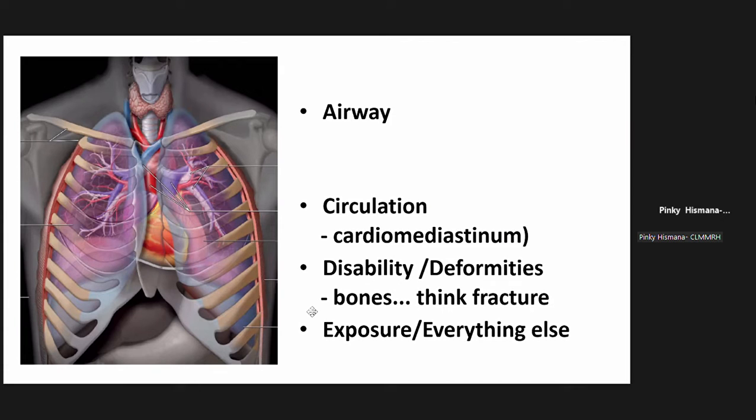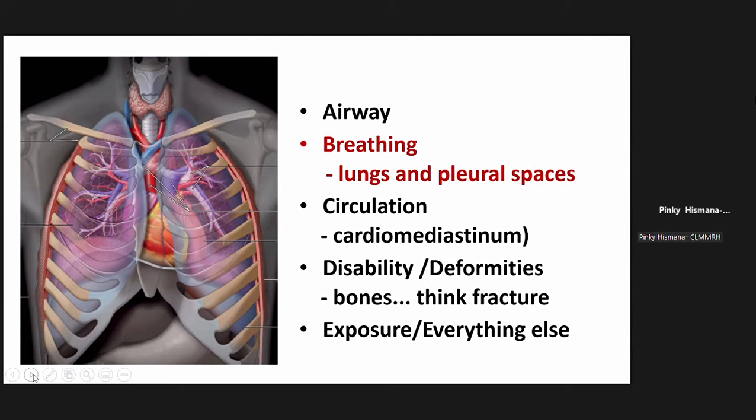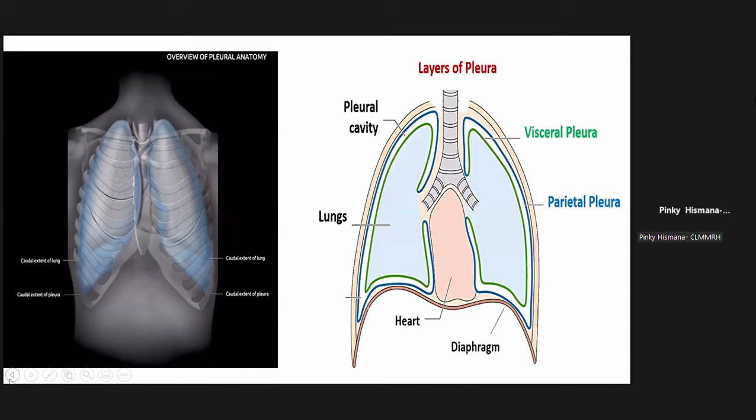So we're now going to proceed to the pleural spaces. So in breathing, there are two components: we have the lungs and the pleural spaces, no? For the pleural spaces, as you well know, our lung parenchyma is enveloped by pleura.